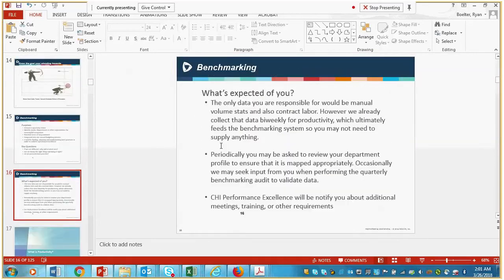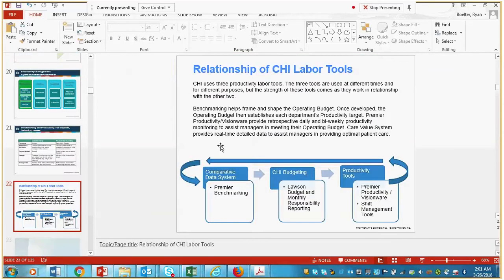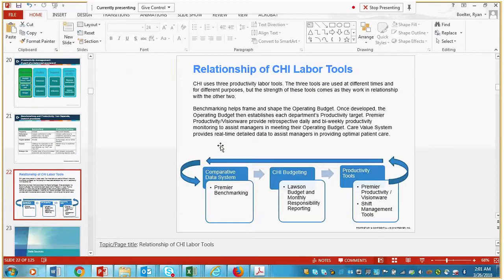Overall, just keep in mind the difference between benchmarking and productivity. They are two different concepts, but they do have an interrelated relationship.